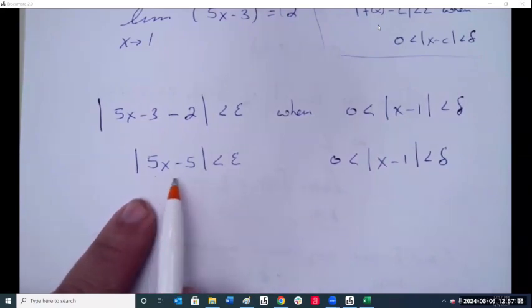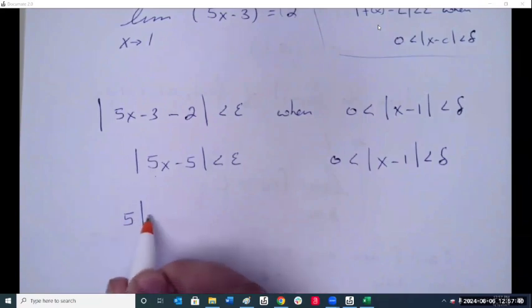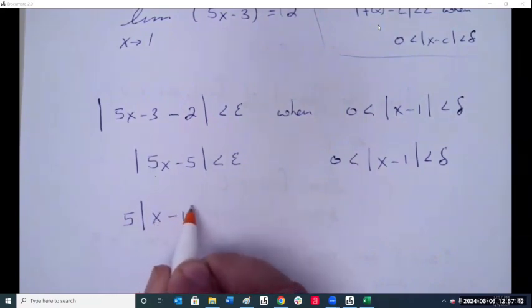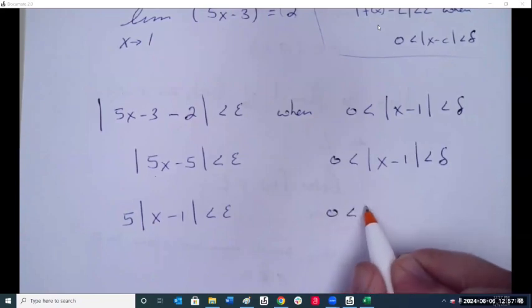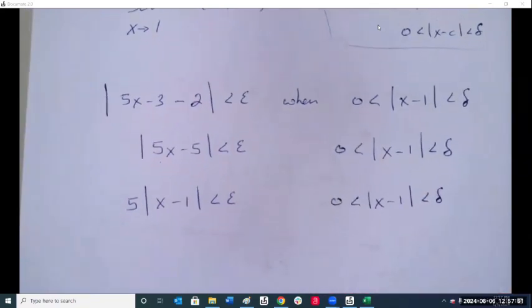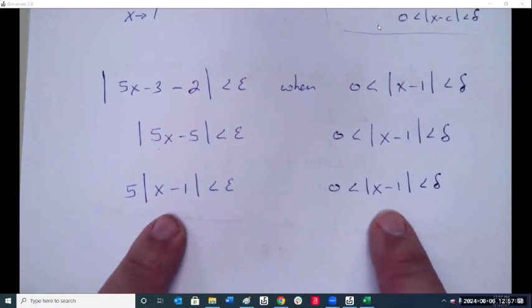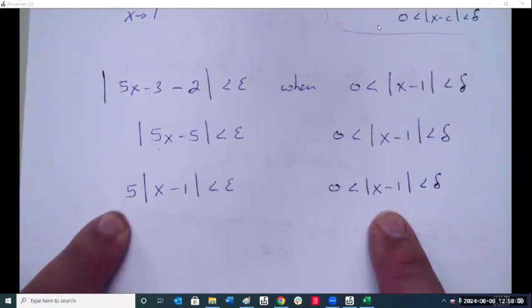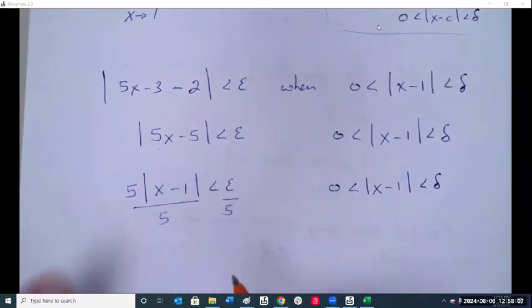What can I factor out of this one? I can take out a 5, which leaves me x minus 1. Now, are these the same? No, because that still has a 5 coefficient. How do I get rid of the 5? Divide both sides by 5.